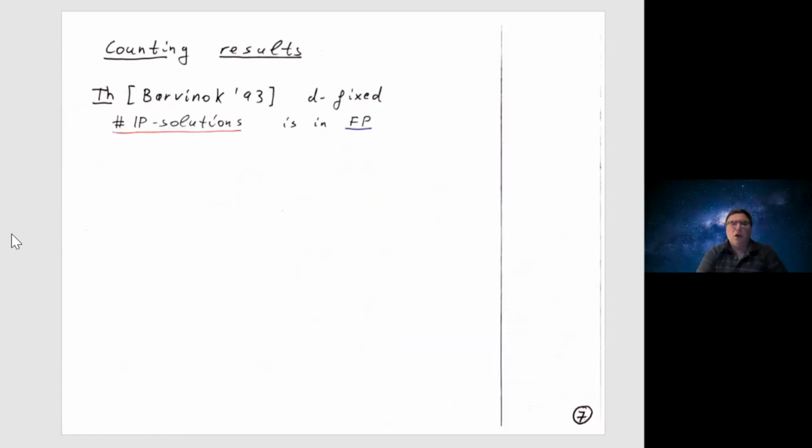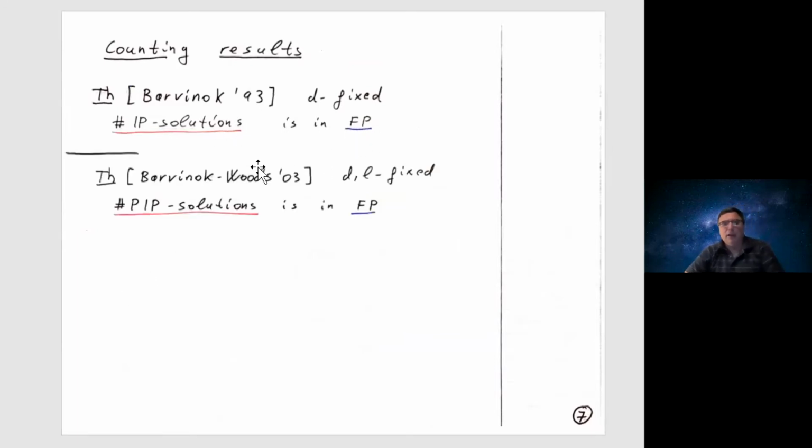Okay, so enough with the decision problem. I'm going to say similar results for the counting problem. Just like there were two results I showed you for integer programming, Barvinok showed that you can compute the number of IP solutions in polynomial time.